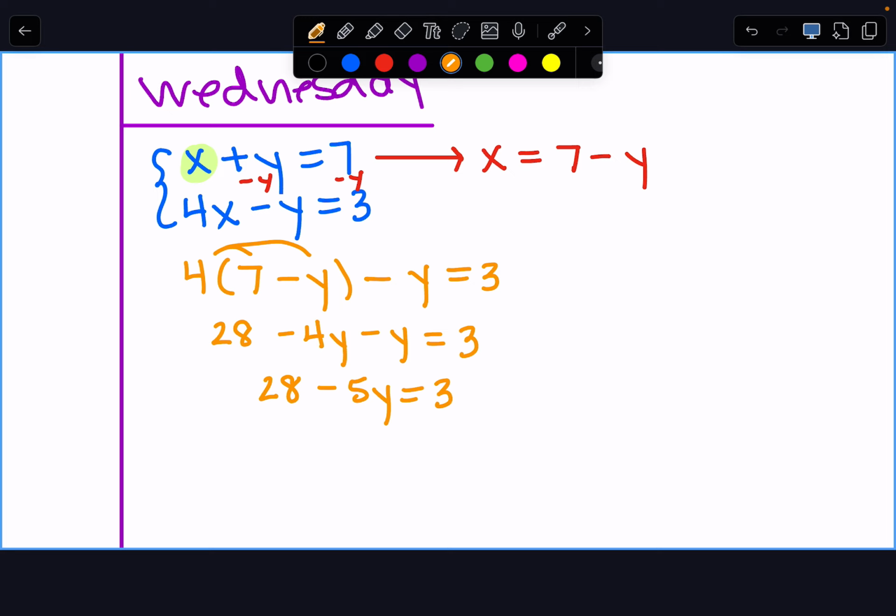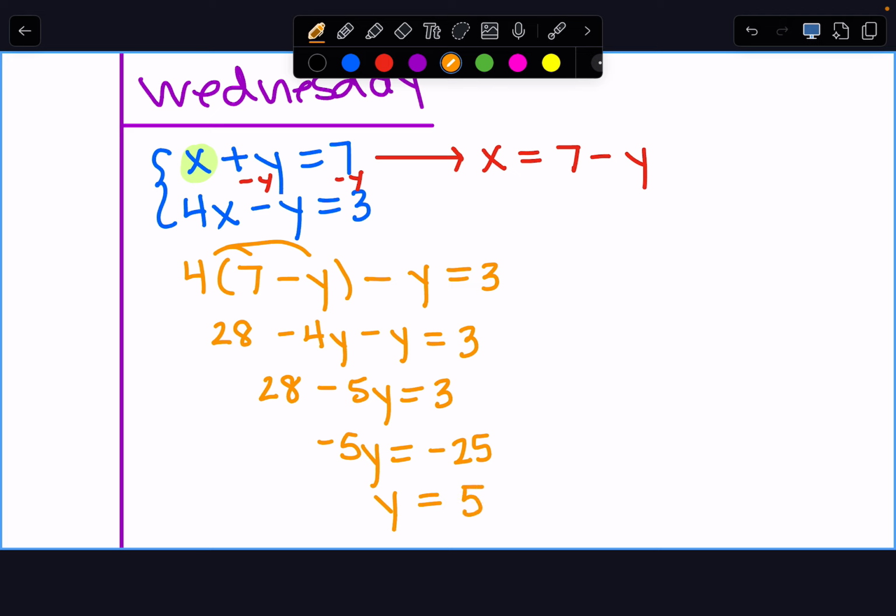When we subtract over the 28, what do we have over on the right side? Negative 25. So what does y equal? y equals 5.